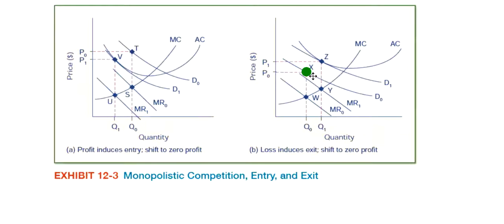So the firms that stay in will see their demand curve shift to the right until such point as their price equals average total cost. And that is where they're going to be at long run equilibrium and zero economic profit. So I wanted to remind you that this is a very good graphic in your book to see this.